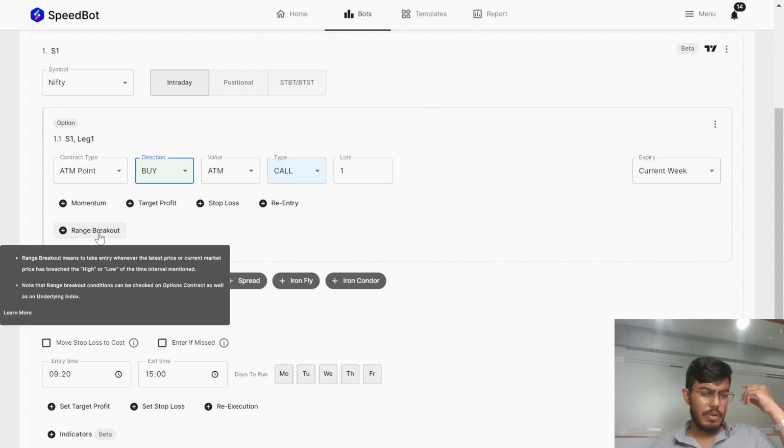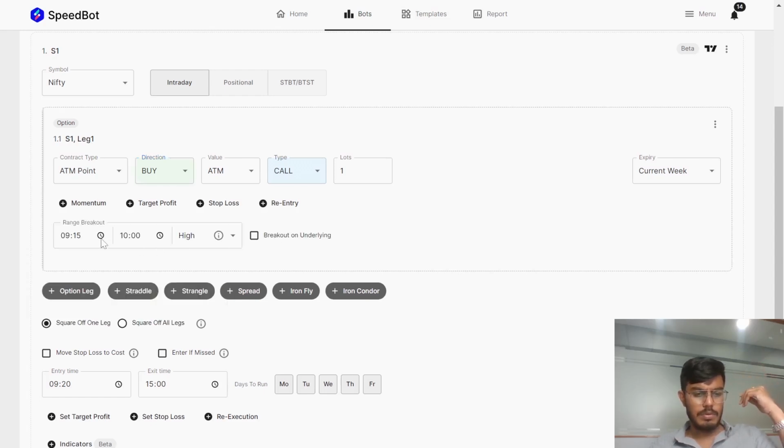So how you can do it, you can just click on the range breakout. It basically means that whatever time range that I mention, that is the start time from 9:15 till the end time of 10, whatever the high was there, based on that high, whenever it breaks, then we will be entering into a call option ATM position, right?